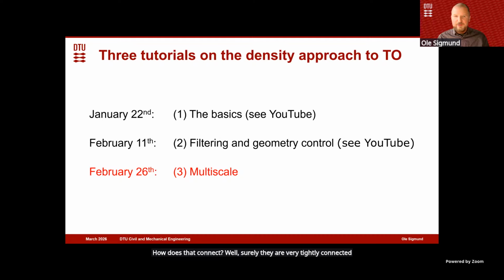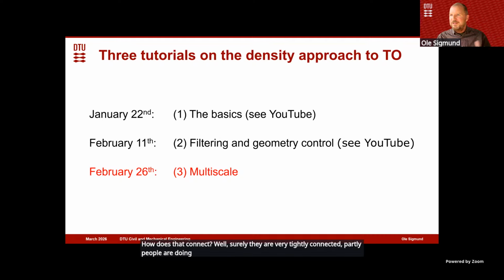Partly people are doing what we would call density methods on several different scales and combining them. Also, I think you cannot really do simple density-based topology optimization without knowing the background from multiscale and the theory of composites.